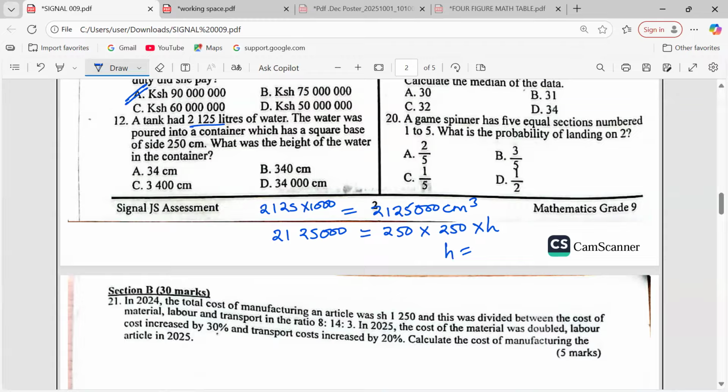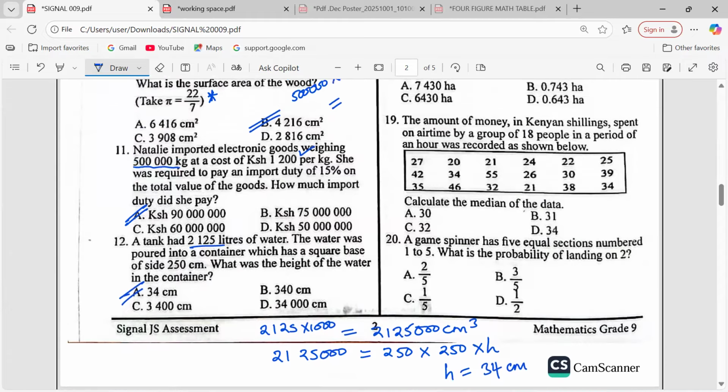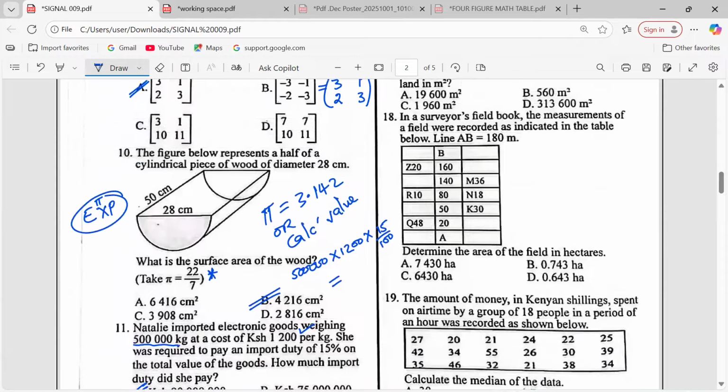So 25,000 should be divided by 250 by 250. That leaves the unknown h as exactly 34, and this shall be in centimeters, making A the right answer. Very good question.